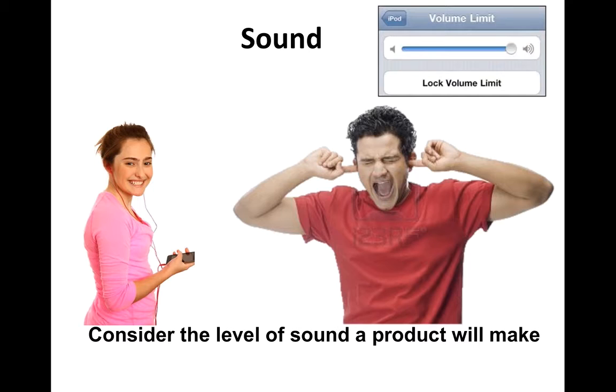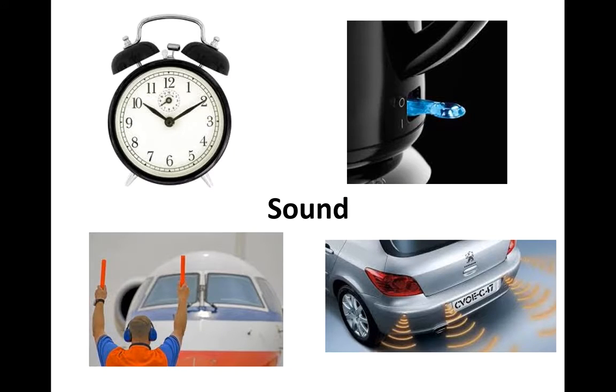In terms of sound, again, you need to think about and consider the level of sound the product will make. So very often phones have a limit on how loud you can turn the microphone up to. That's the example there. But also that means that, say if you're designing an alarm clock, you need to be aware of how loud your alarm actually sounds so that it's loud enough to wake people up.